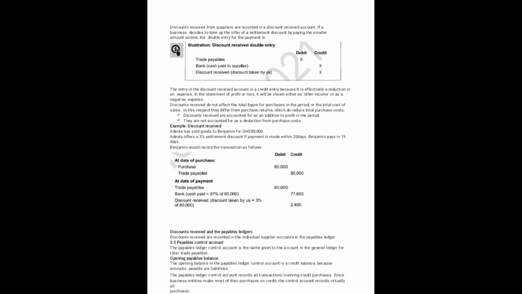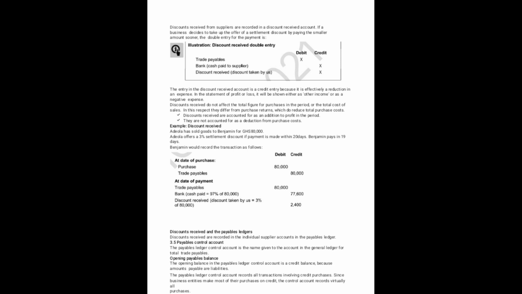So at the date of purchase, we are going to credit trade payables account and debit purchases account, as we earlier know. But when there is this discount being applied, we are going to debit trade payables with the whole amount and credit bank with the amount left after the discount, then credit discount received with the actual discount. Okay, so that is the treatment for discount.